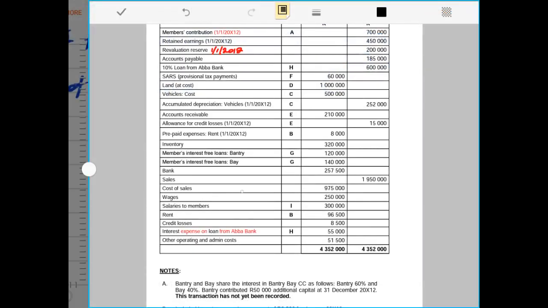Then we check our cost of sales. Cost of sales amounts to 975,000 rands. Let us check if there is any amount that will affect our cost of sales. Not any amount that affects our cost of sales.